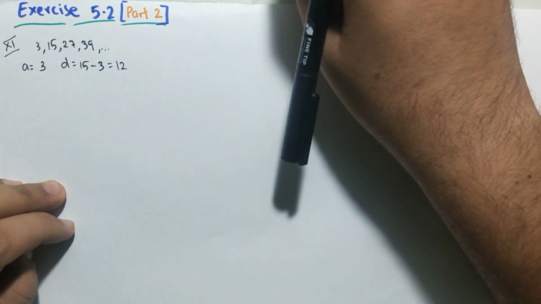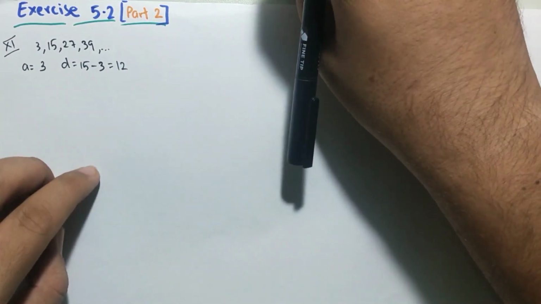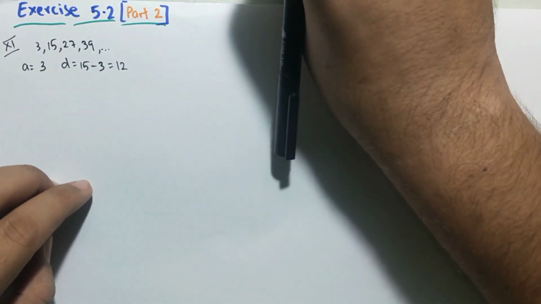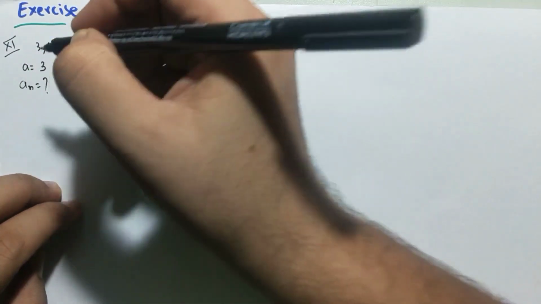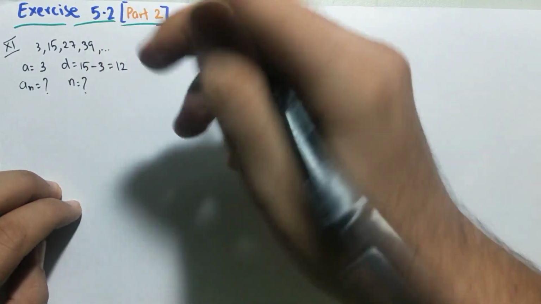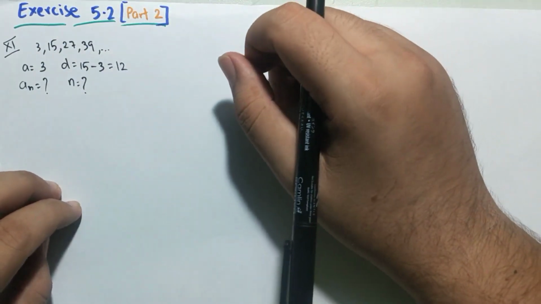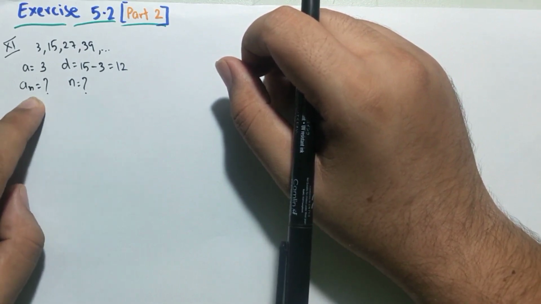Now the question is, which term of the AP is 132 more than its 54th term? Which term means you have to find n. But to find that n, they have compared the value of an.